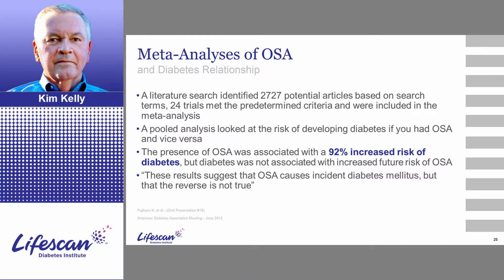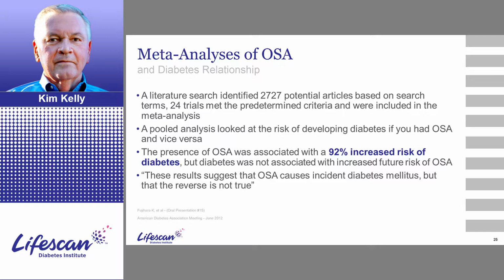In a meta-analysis of obstructive sleep apnea that was presented at ADA in 2012, a gentleman did a massive literature search and identified many articles related to OSA and diabetes, and a pooled analysis looked at the risk of developing diabetes if you had OSA and the risk of developing OSA if you had diabetes.